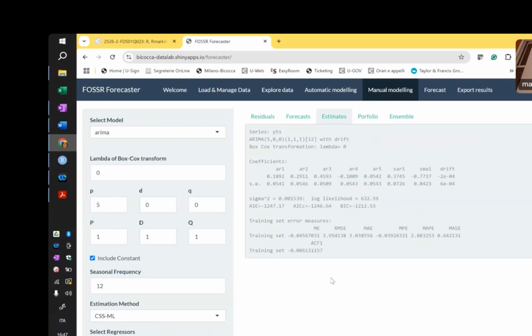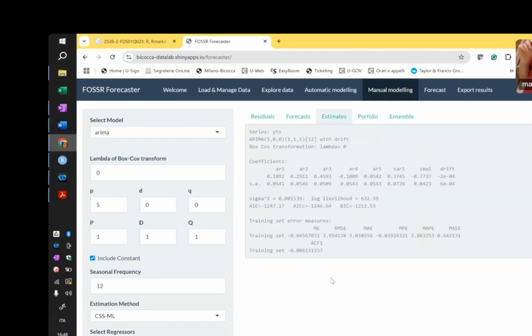All the other parameters tend to be significant. Okay, the AR4 maybe and the AR5 are not significant. But there is no way also in R to get rid of some intermediate delays. Maybe there is. I never did that.